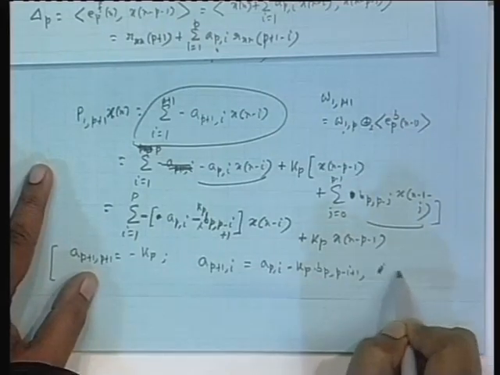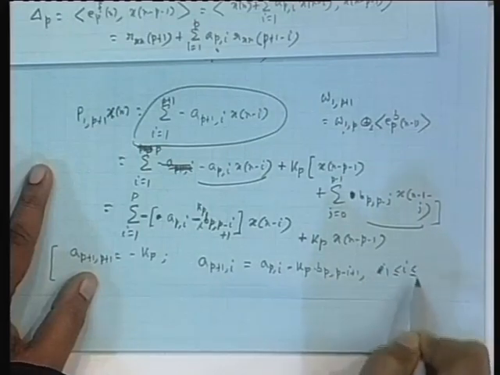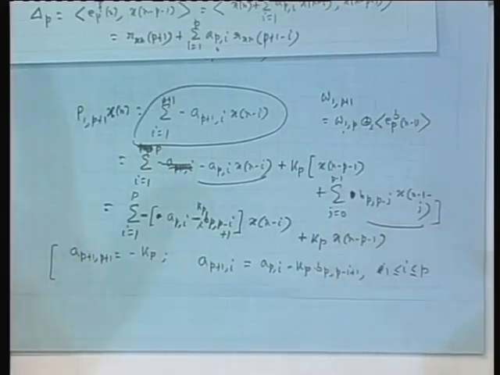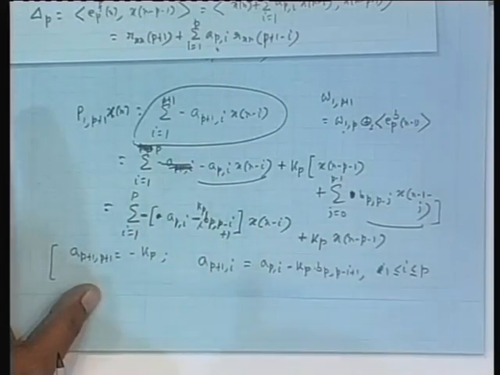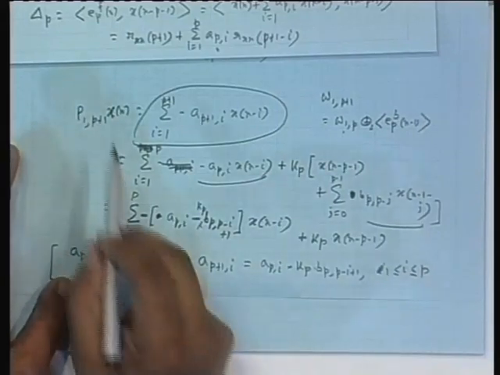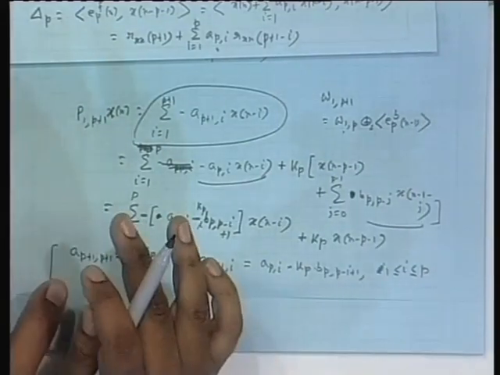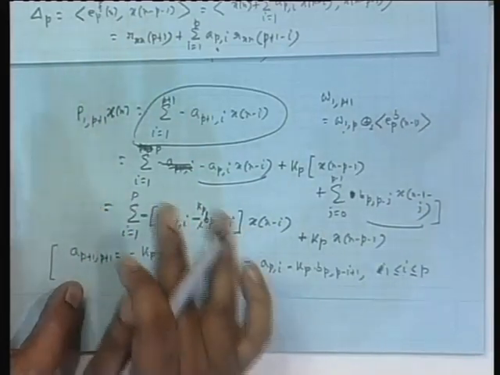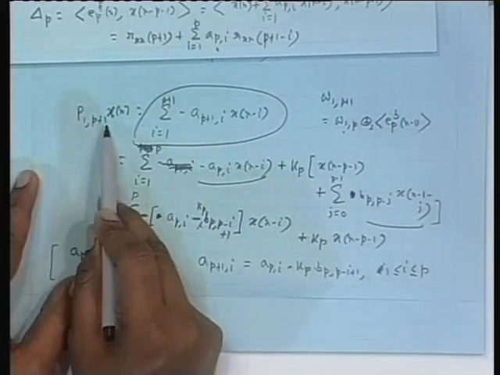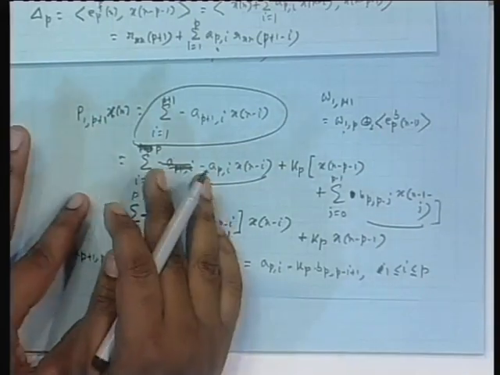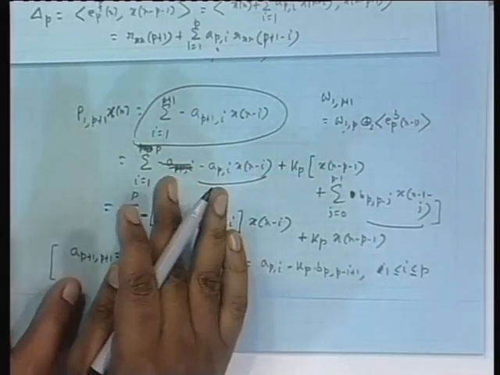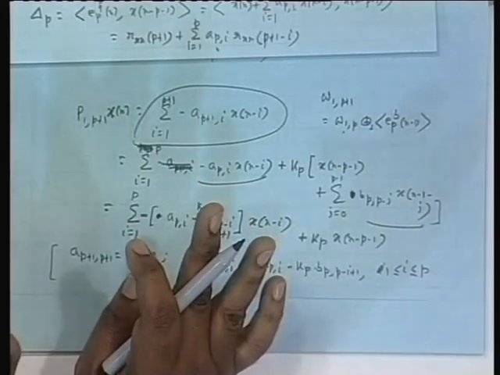So, I greater than equal to 1, less than equal to p, up to p. When it is p plus 1, this is the formula. We started at the case where this p is at least 1, isn't it? And then you go for 2, that is p 1 comma 1 was given, p 1 comma 2, 1 comma 3. What happens when p equal to 0, I am coming to that later, and that is very simple actually.